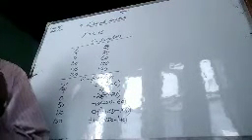Dear students, the saving function as specified in this table reveals that S is equal to minus 20 when income is 0. This is because consumption is 20. We know that consumption plus saving is equal to income. So consumption is equal to 20 and income is equal to 0, then saving must be minus 20. As income increases, saving increases.